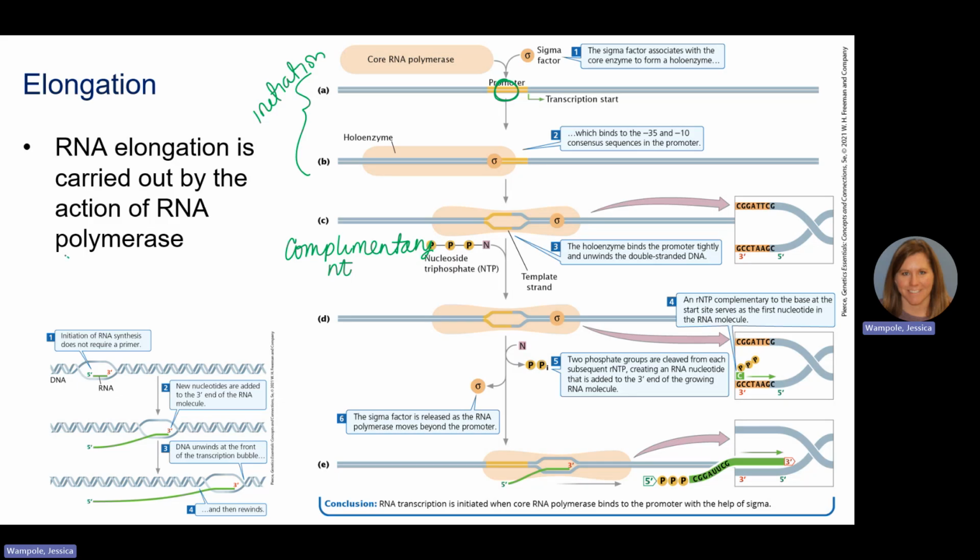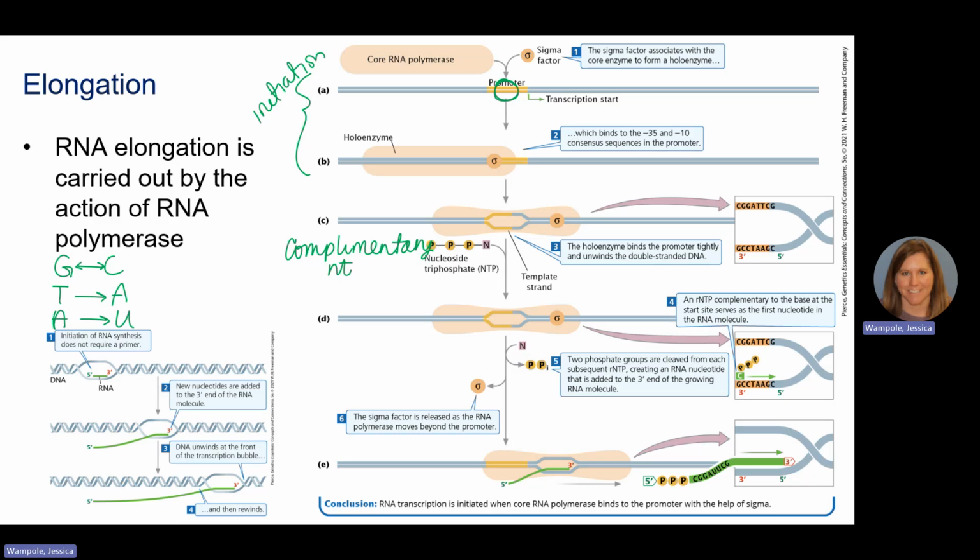Anytime we have a G or C, we're going to add in the complementary pair. If we have a T, we are going to insert an A. And if we have an A, we are going to insert a U.